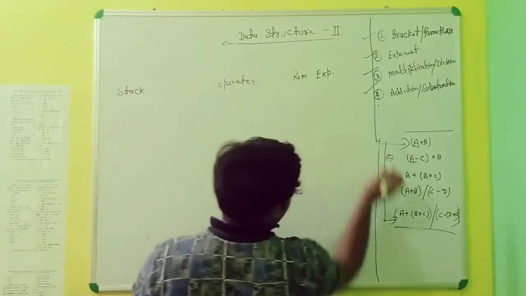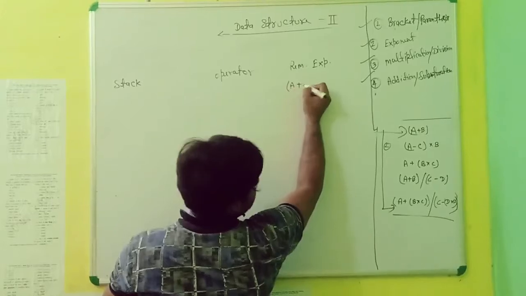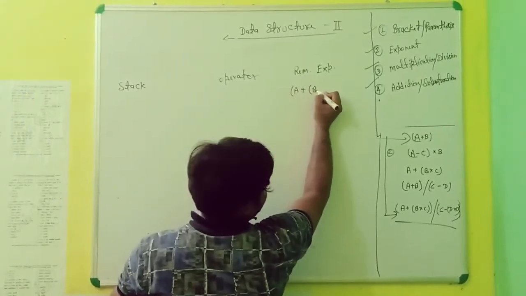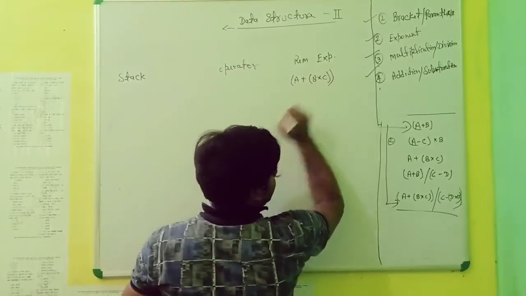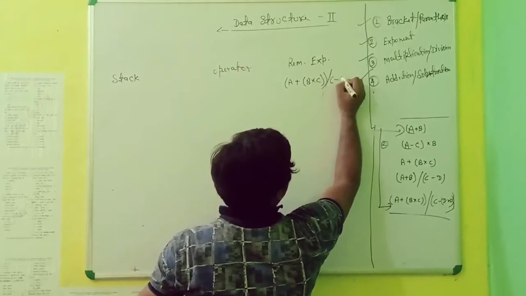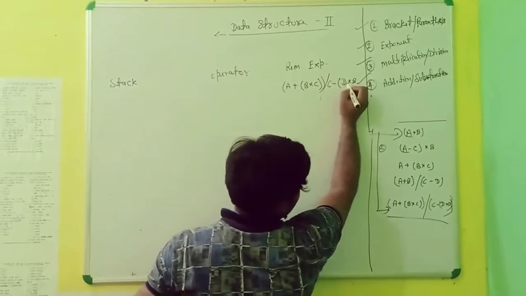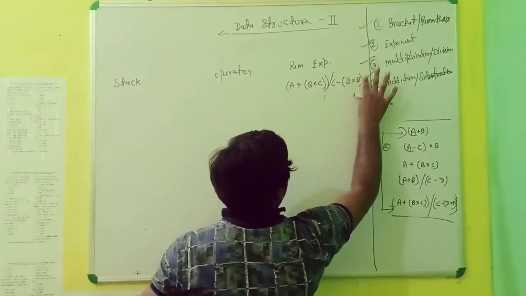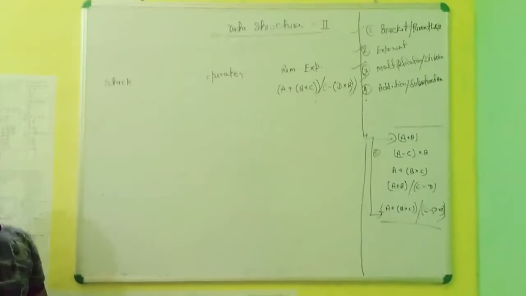Let me write it here: (a plus (b into c)) divided by (c minus (d into b)). Okay. So now we are going to solve this expression.